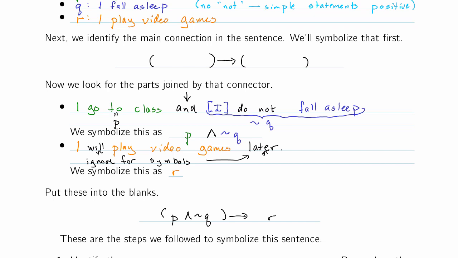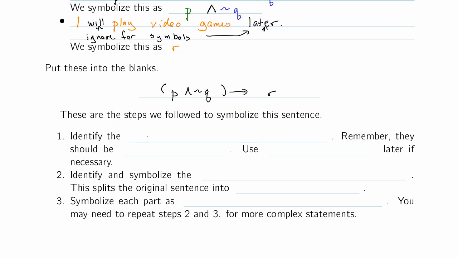We will see more examples of this, but let's just go through and identify what the steps were that we followed. First, we identified the simple statements. Remember that simple statements should be positive. If we have negative simple statements, we'll use negation later. Second, we identify and symbolize the main connector. This will split the original sentence into two smaller parts.